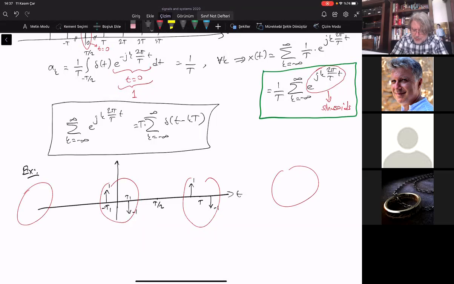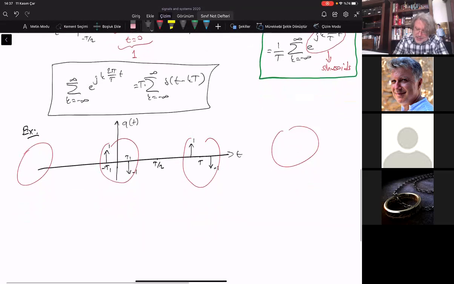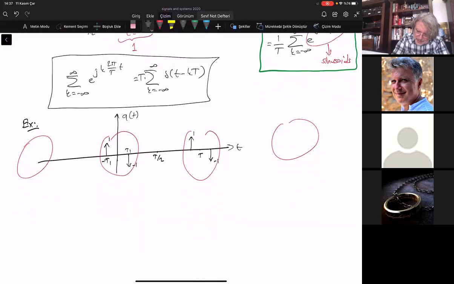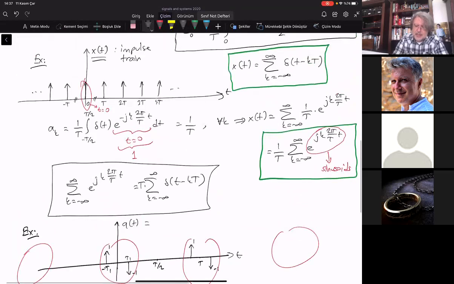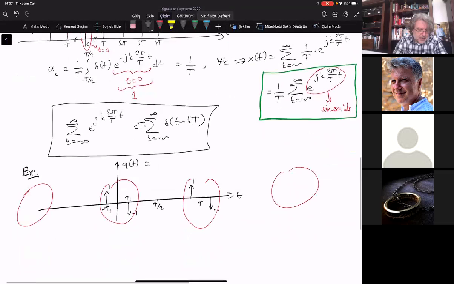Let's give a name to this. Let's call it Q of t. Okay, and that Q of t is equal to, in terms of x of t that we have here, the impulse train, it's equal to x of t plus capital T1 minus x of t minus capital T1.